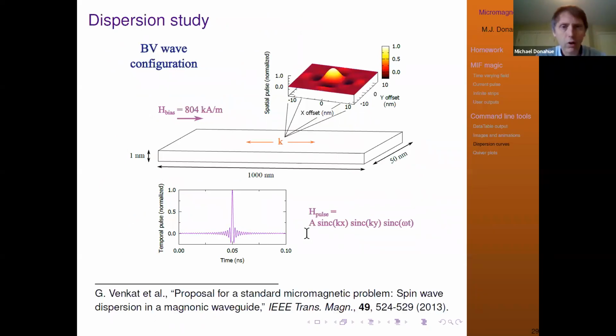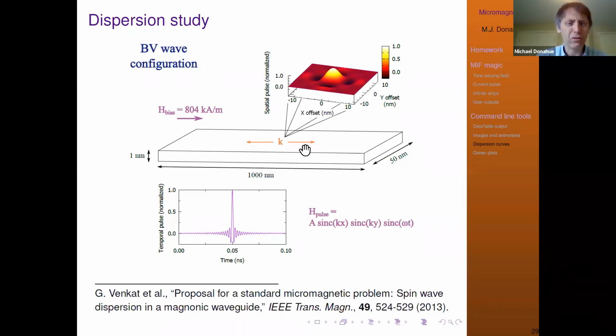Okay, all right, so let's look at the dispersion study. This is based on a paper published in 2013 in Transmag, Venkat et al. They look at this particular sample. It's a micron long, 50 nanometers wide, 1 nanometer thick.